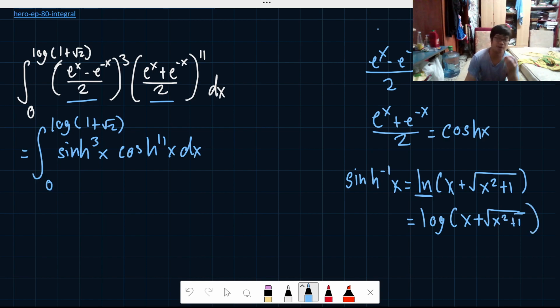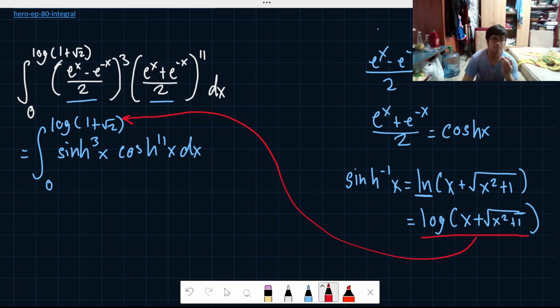Okay, so now why did I bring this up? You see, log of x plus square root of x squared plus 1 looks similar to this. They are very similar, because take a look: we have 1 plus square root of 2.